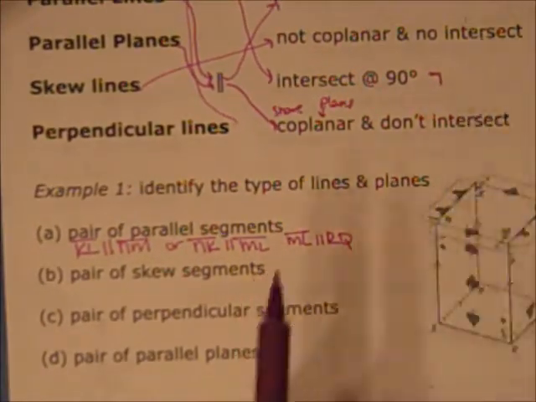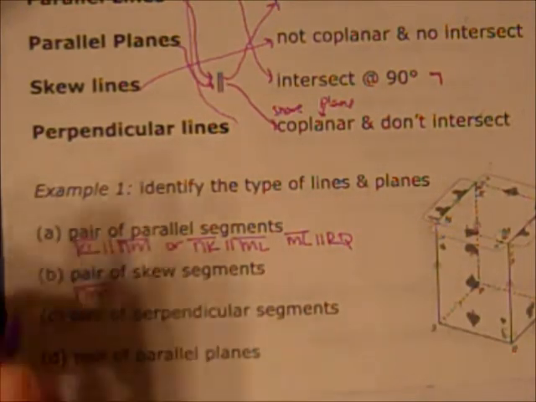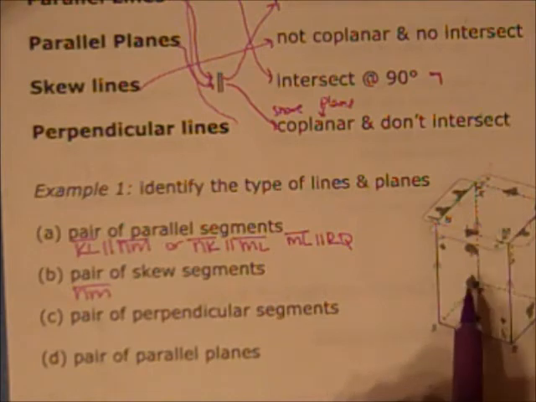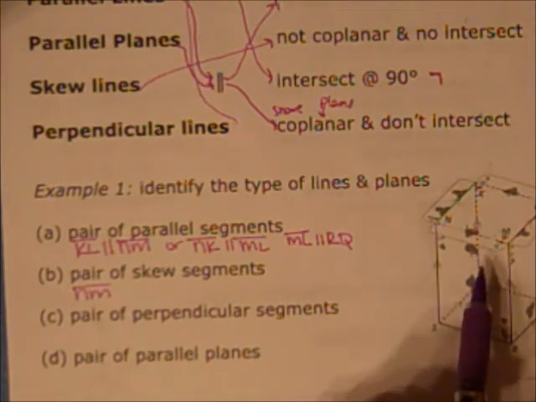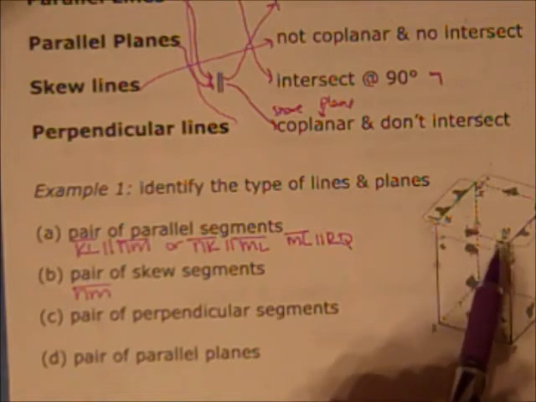So we're looking for, like, let's say I choose NM. Now NM is a part of the top and a part of the front. So I want to pick something, another plane that is not on the top or on the front because I don't want it to be coplanar. And then NM, if you'll look, is going left to right. So I want something going in an opposite direction.